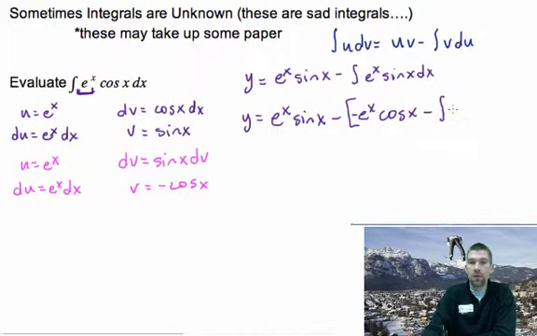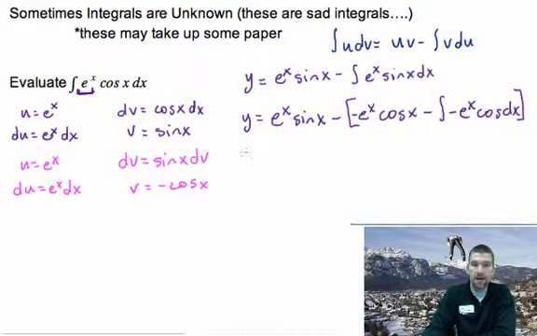And looky here, we're minus e to the x cosine x dx. All right. Well, now what do you do? e to the x cosine x, that's basically back to this guy, which is where we started. So what's going on here?